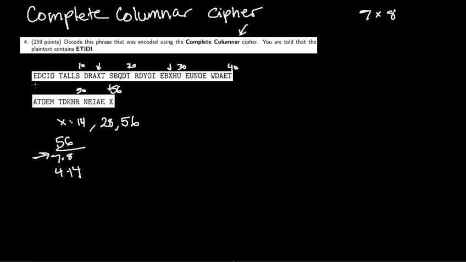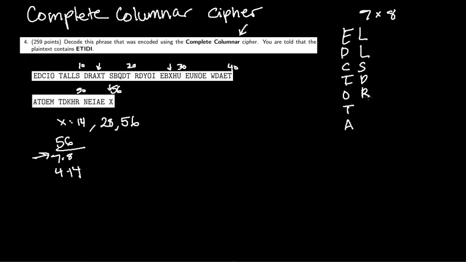And then you just take this and write it vertically. E, D, C, I, O, T, A, L, L, S, T, R, A, X. Sorry about that, I did 8 instead of 7.